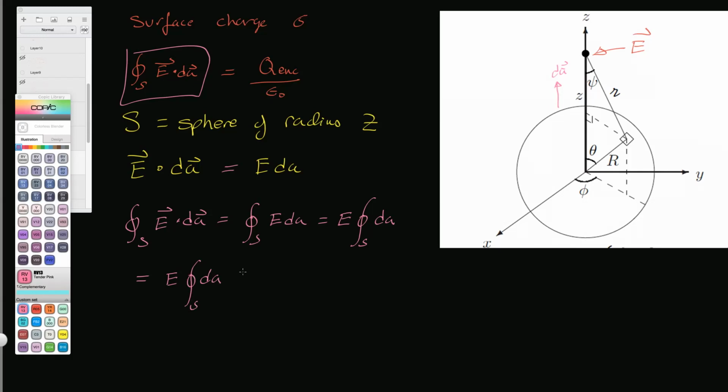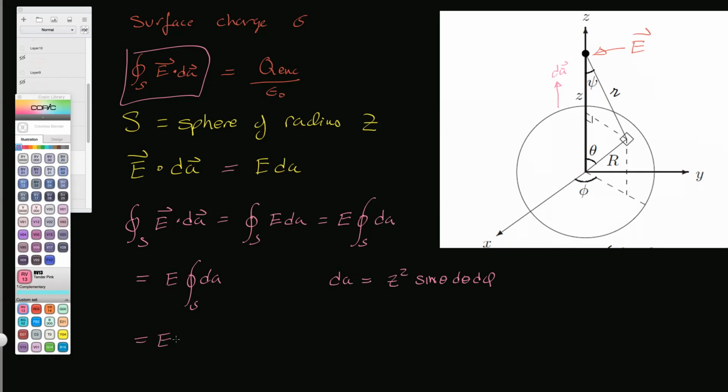Now you could write out dA if you would like to. Just as an aside, you could say this is Z squared sine theta d theta d phi, if you like. It's just faster to say that it's going to add up to the surface area of that sphere. But let's be a little pedantic about it.